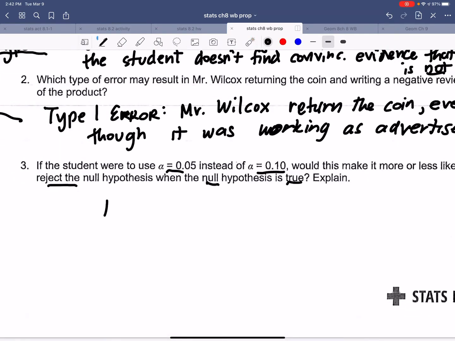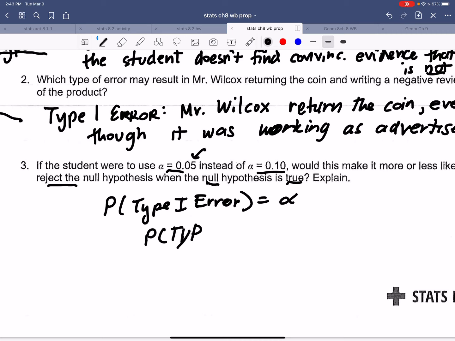We said today in our notes that the probability of a type 1 error is equal to alpha, whatever it is we're setting our test to. So if we set alpha as 0.05, the probability of a type 1 error is 0.05.